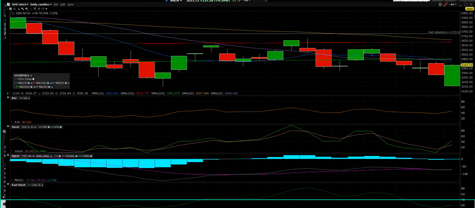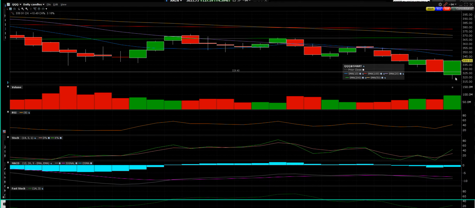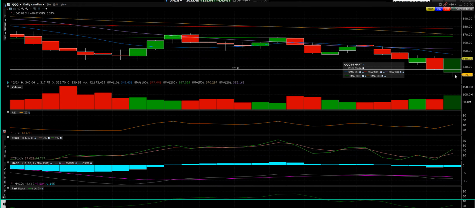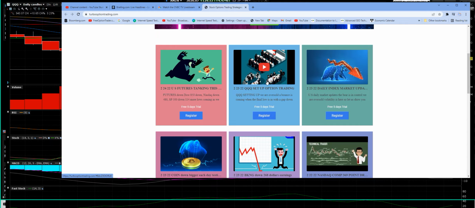If you look at the Qs, the ones that we said were going to bounce yesterday, as they are, look at that bounce. Oh, boy. And that is what we said right here yesterday. It's right here on the site before the fact. Triple Q setup, options trading, pal.